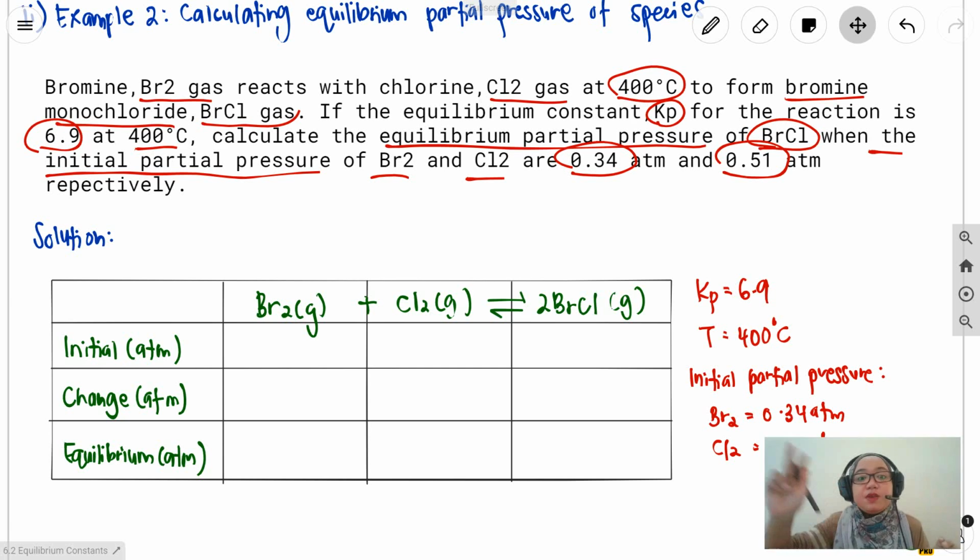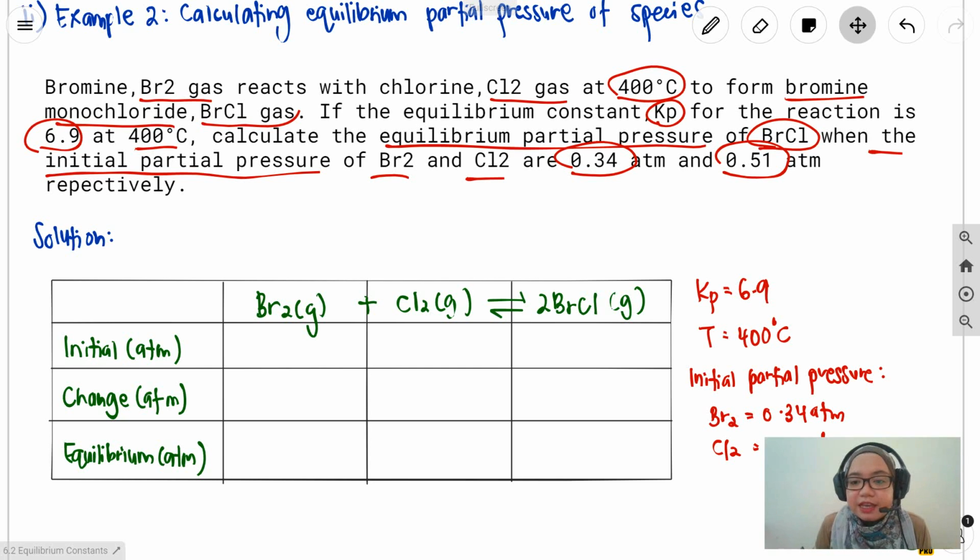Second step, after you do the ICE table and the chemical equation, you need to extract all the information from the passage beside the ICE table so that you can see it clearly. So, it says that Kp here is 6.9 at temperature 400 degrees Celsius and the initial partial pressure here is 0.34 for bromine gas and 0.51 atm for chlorine gas.